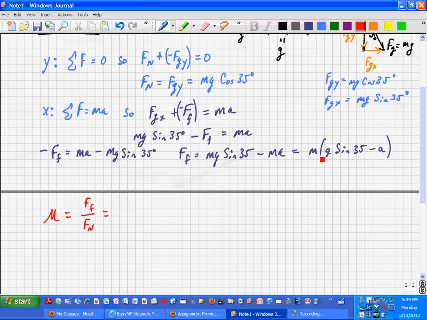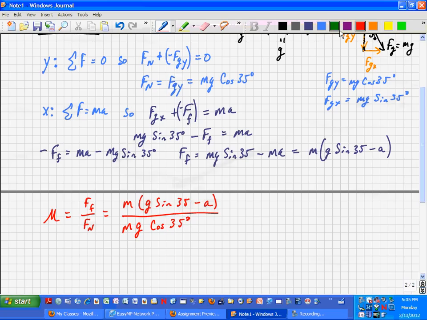So I'm going to have F_f, which is m times g sine 35 minus a, over mg cosine 35 degrees.